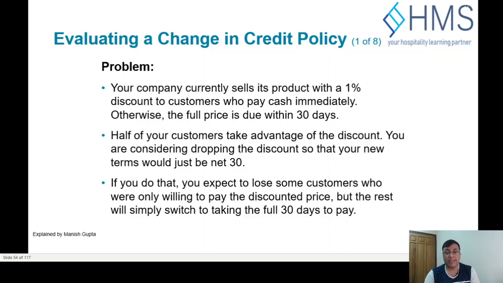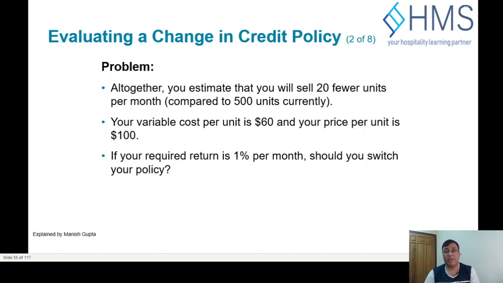You estimate that you are going to lose 20 units. Now you are selling 500 units. You will be selling 20 fewer units per month, which means you will be losing 20 customers. You can assume that. And your variable cost is $60 and your selling price is $100.